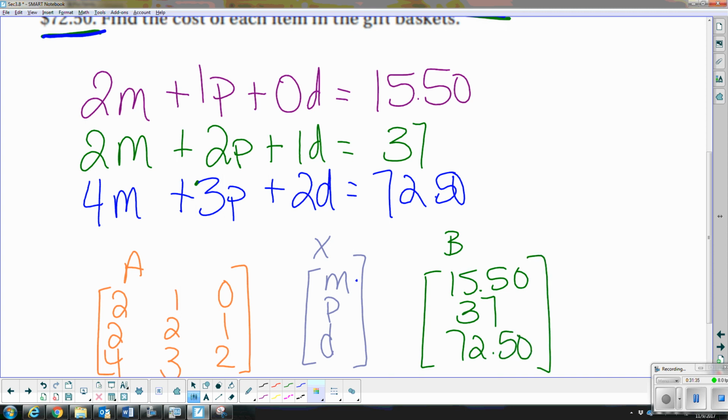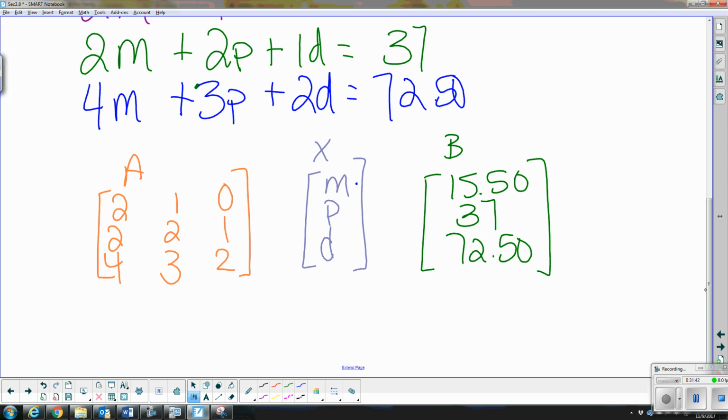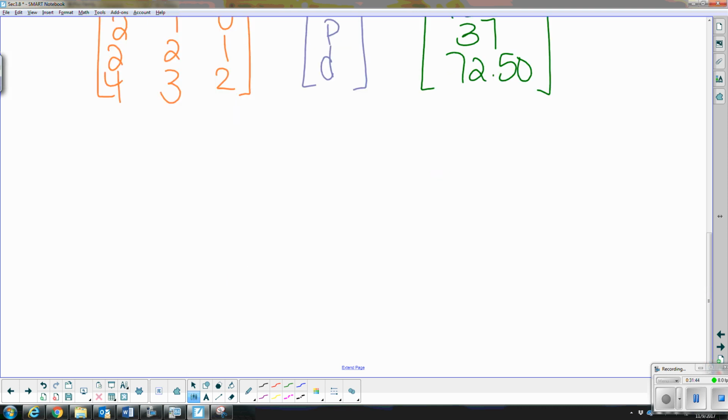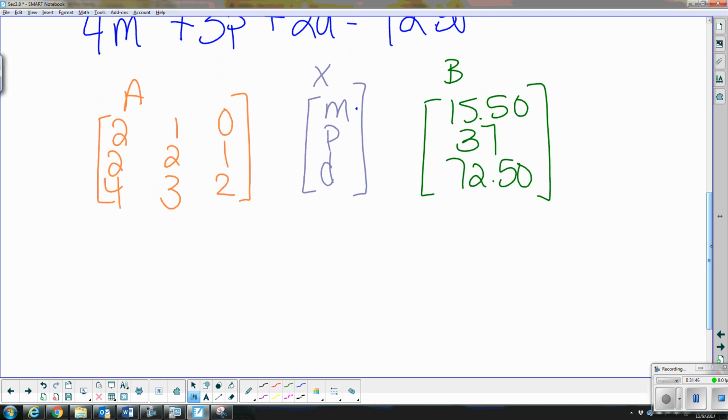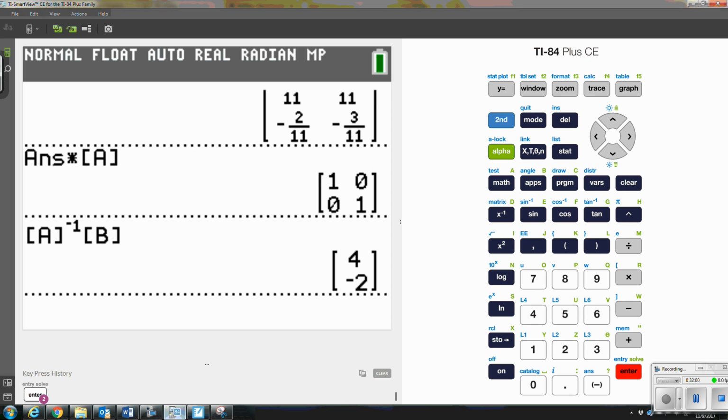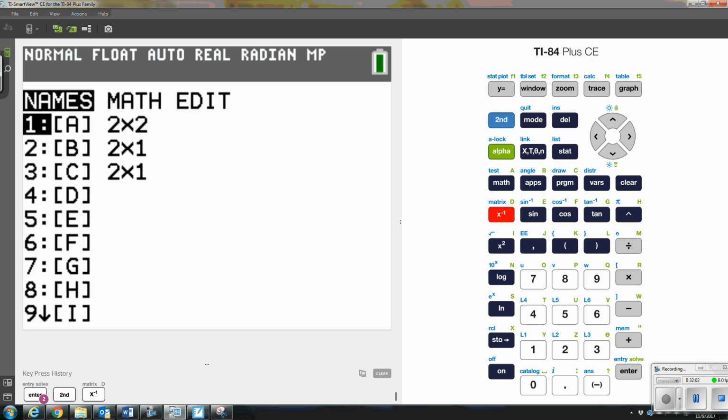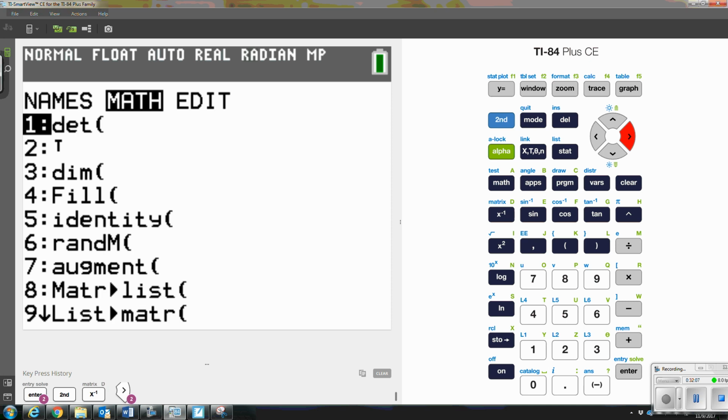So now that I have my matrices set up, I'm going to do just like I did in the last problem, and I'm going to use matrices to solve this linear system. So first, I have to find the inverse of A. And to do that, I'm going to use my calculator. So in matrix A, I'm going to edit.